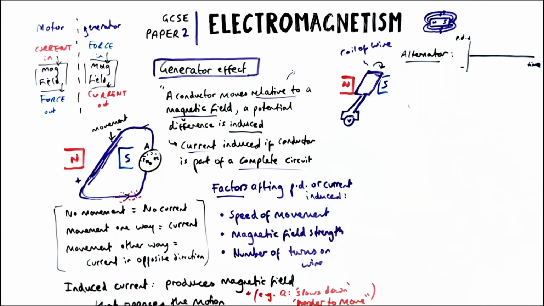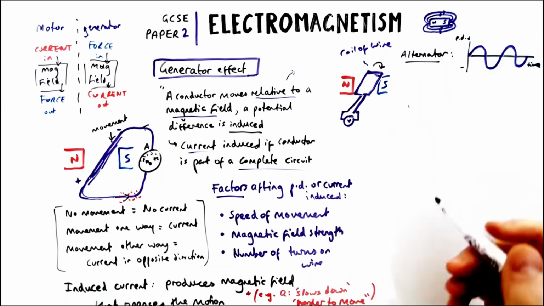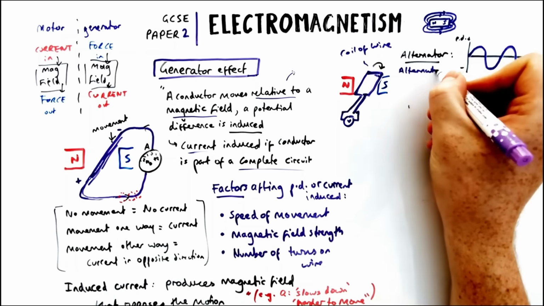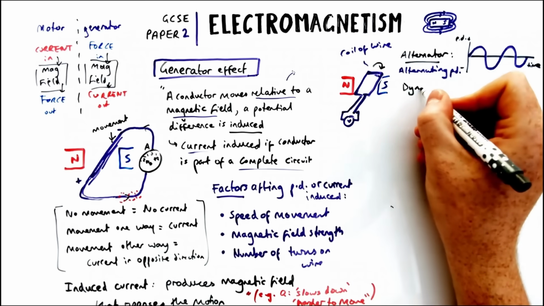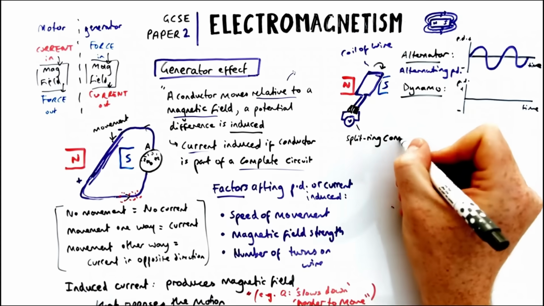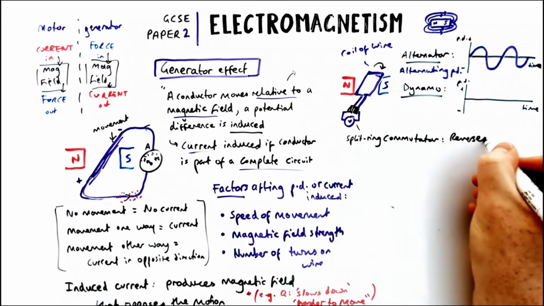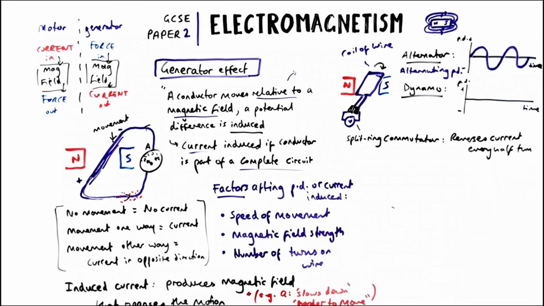In an alternator, as the name suggests, we're going to get alternating potential difference out. So we get potential difference flowing one way, then another way, then another way, meaning we get alternating PD. For a dynamo, we have this thing called a split ring commutator, which we looked at when we looked at the motor effect. This reverses the current every half turn so that the current is always direct, or the potential difference is always direct.